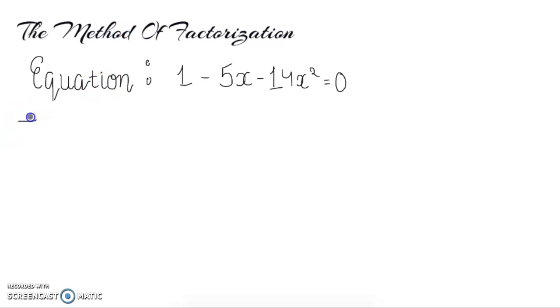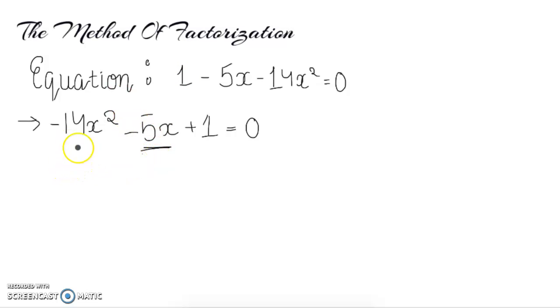So when we flip around this equation, we get minus 14x squared minus 5x plus 1 is equal to 0. Now, the method of factorization says that we have to split this middle term, which is minus 5x in this equation, into two factors.